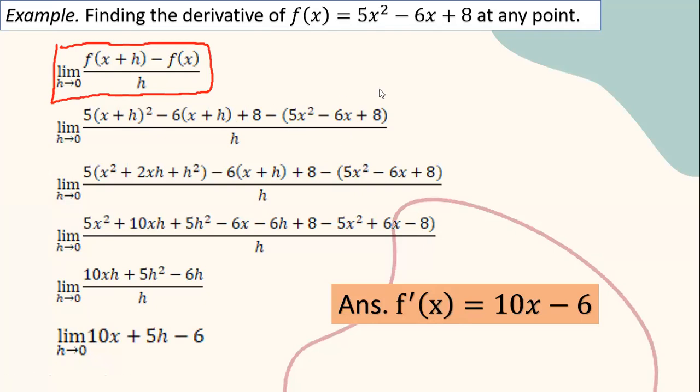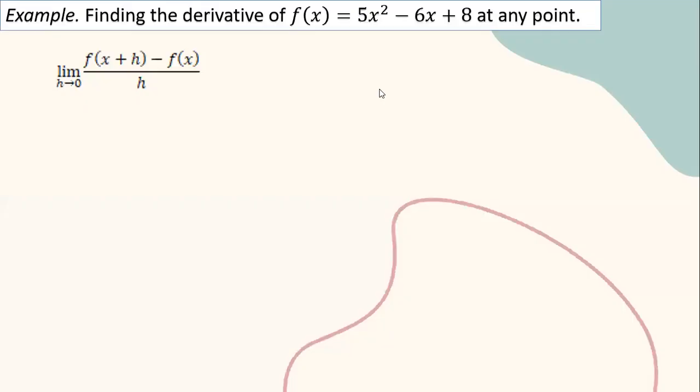Using this formula, we will have to substitute. So paano ba yung f of x plus h? Itong buong x plus h natin ay isa-substitute natin sa x sa ating function. Each x sa ating function magiging x plus h. Okay, so gawin natin.